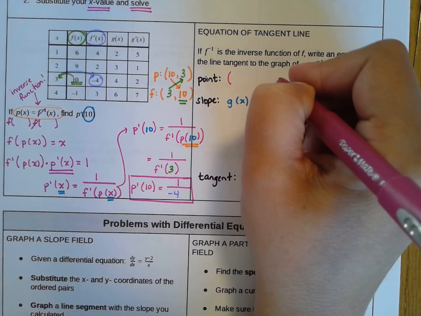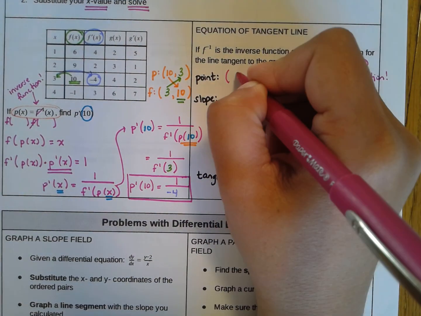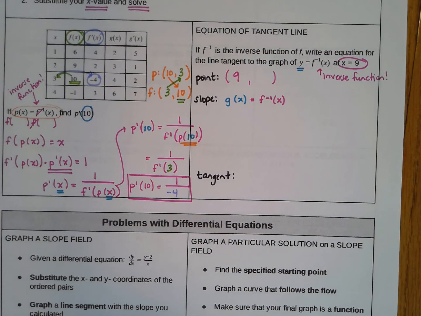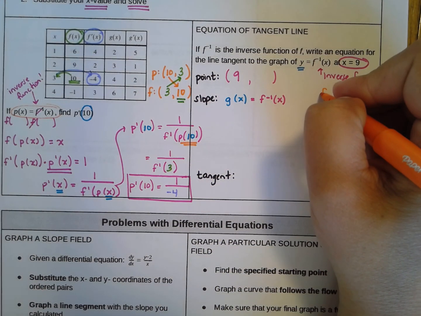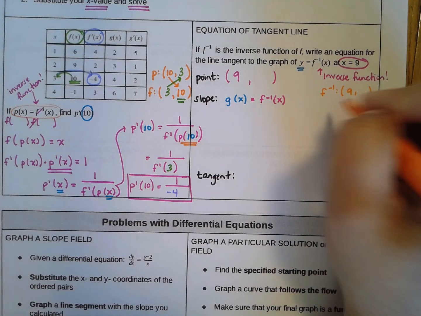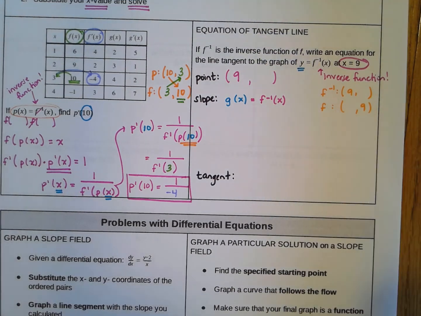Now for my point, it's telling me that the input of the inverse function is 9. Now if I go to my table, what that means is that if the inverse function has an input of 9, then the regular function has an output of 9.